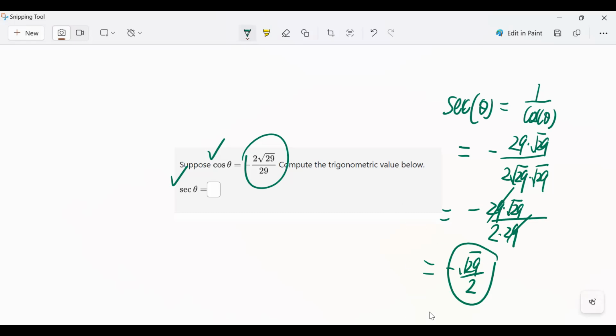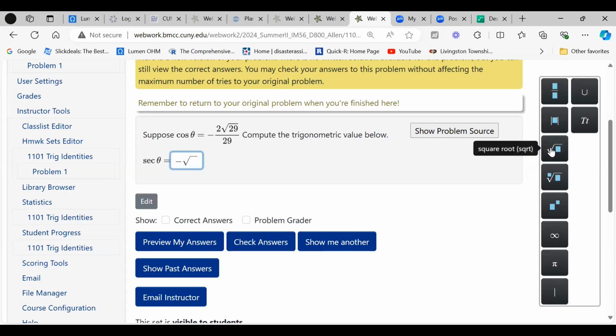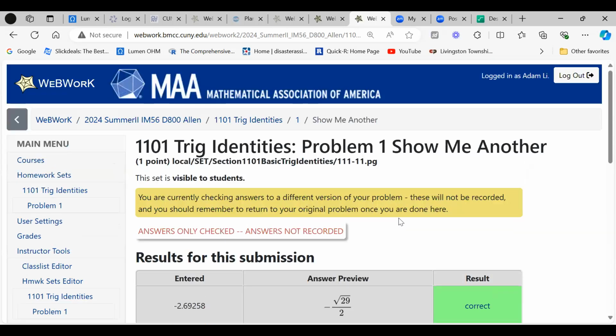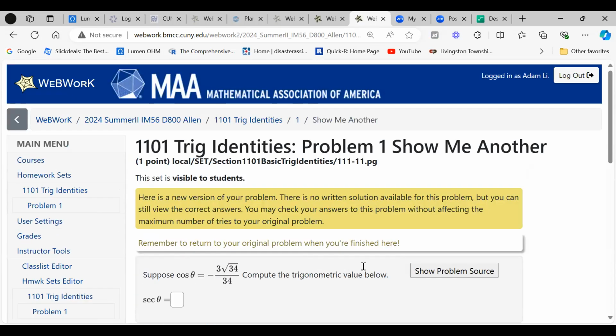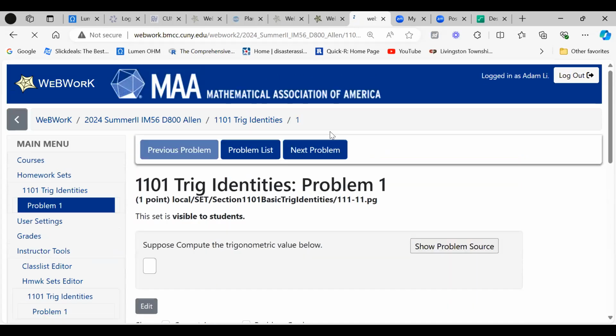Any question? Reciprocal identity. Check answers. It should be good. Yeah. All right, let's look at the next problem.